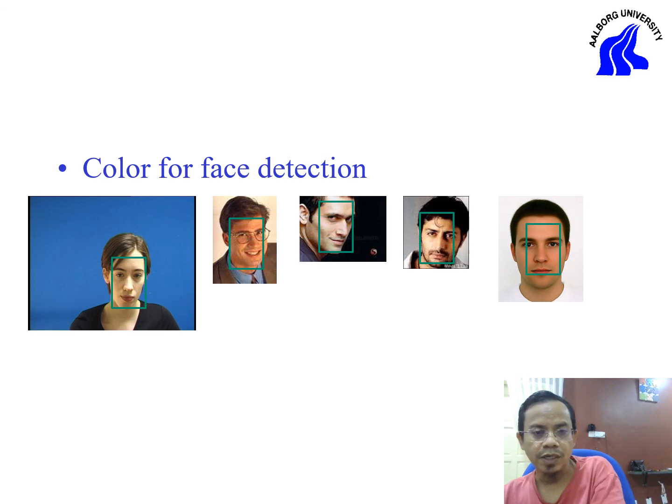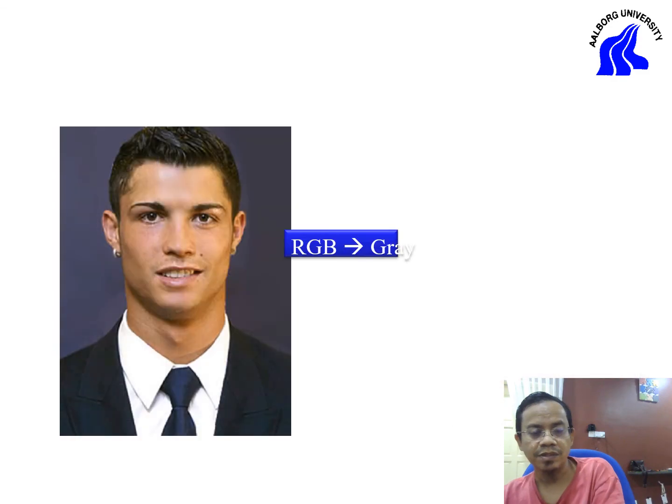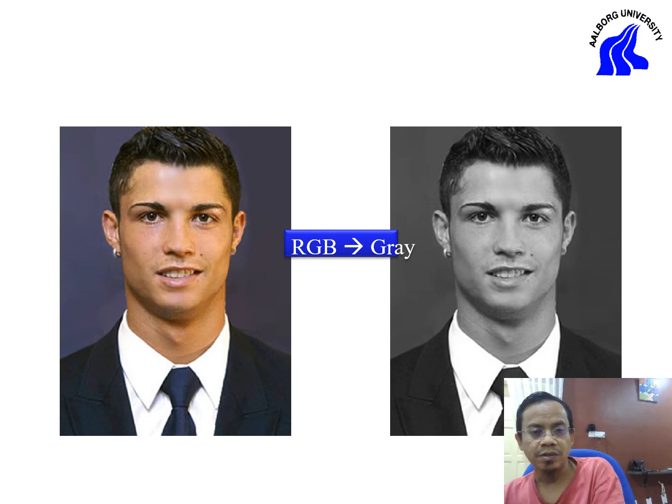Okay, the same goes for face detection. We can detect a face based on color, right? Because the color of the face is very obvious compared to the shirt, the hair, and the background. First, convert RGB to gray because it is easy to analyze an image in gray.